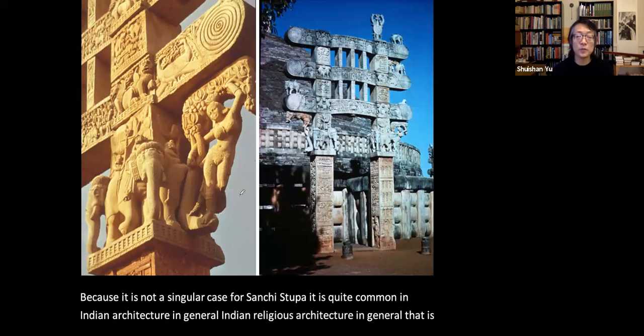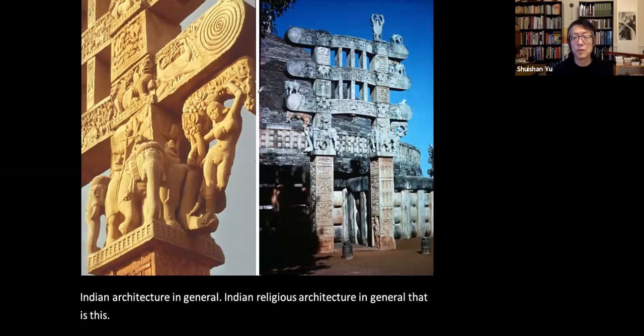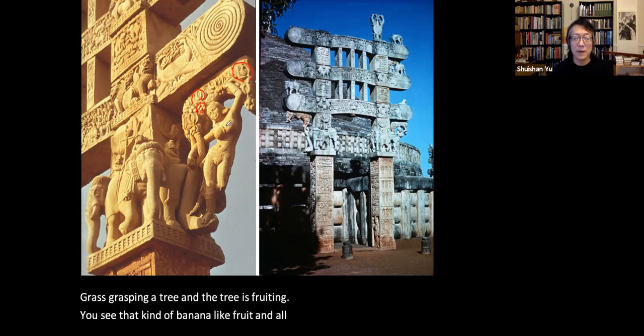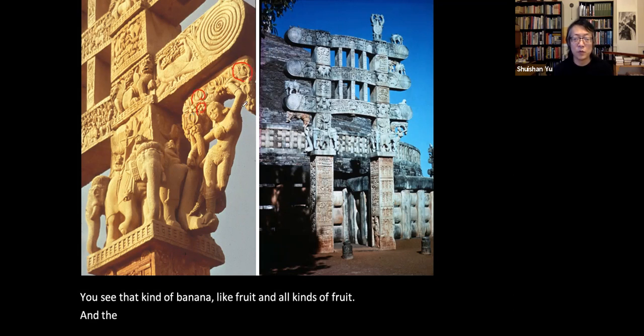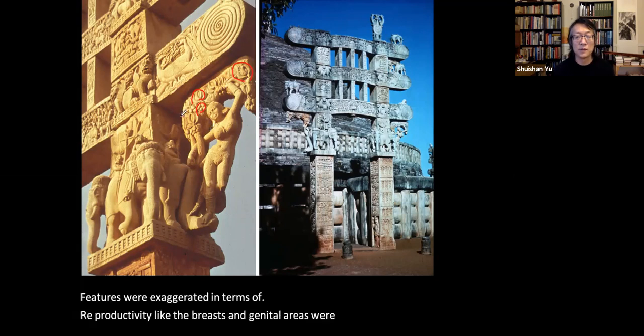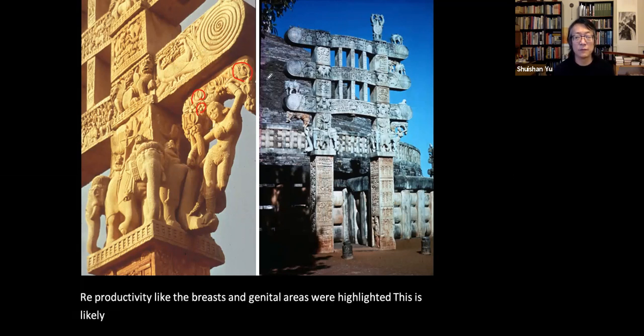naked female figure, grasping a tree, and the tree is fruiting. You see that kind of banana-like fruit and all kinds of fruit. The female features were exaggerated in terms of reproductivity, like the breasts and genital areas were highlighted. This is likely a symbol of fertility, female fertility, right?